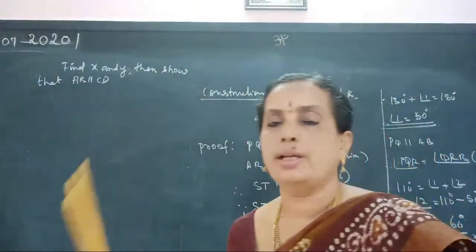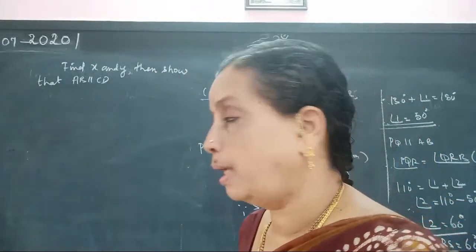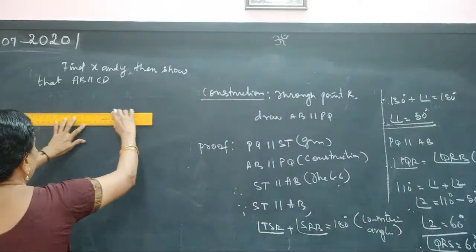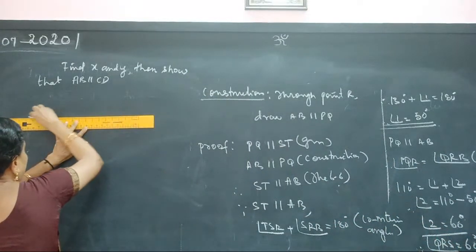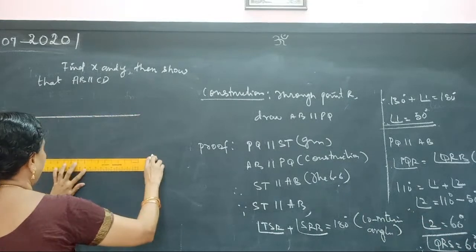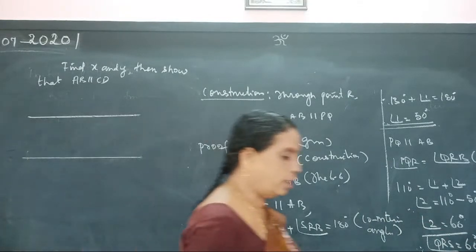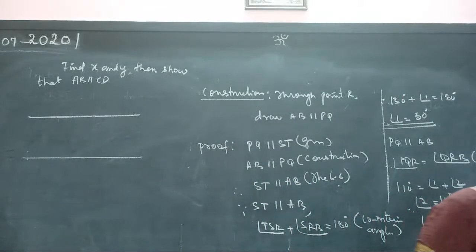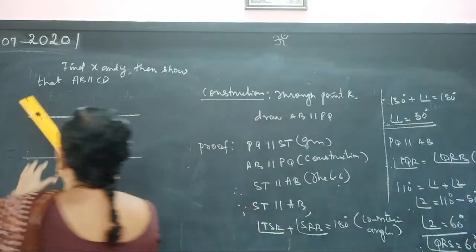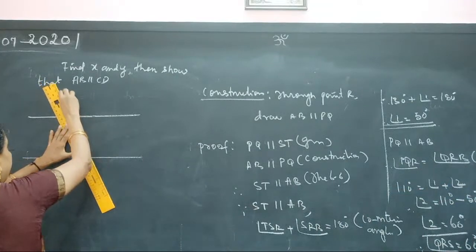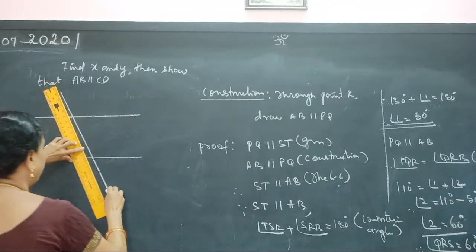Now in the beginning we are not considering the lines are parallel, but we consider in the figure they are parallel. But unless it is mentioned that the lines are parallel, we cannot apply the corresponding angle, co-interior angle or alternate interior angles property.